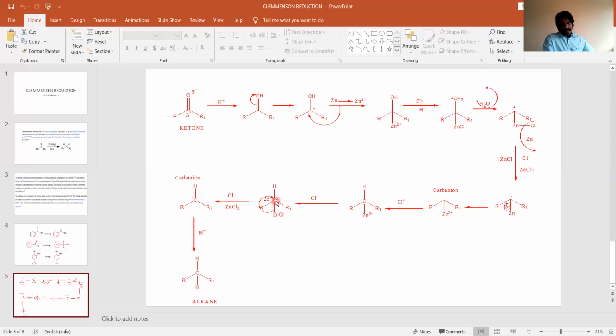These 2 electrons go to carbon. Now the second carbanion is formed. So the fourth HCl's Cl has been used here. One more H plus is pending. That H plus will be added over this carbanion to form the alkane. From ketone to alkane is the result.